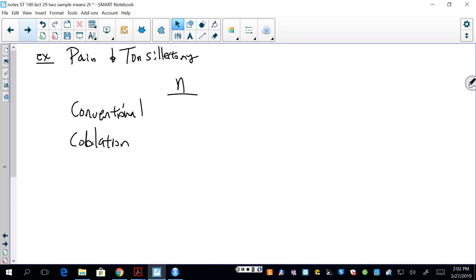Two groups are randomized to get one or the other. 47 had the conventional, 52 had the coblation method. The average pain score: you could ask the patients on a 10-point scale or indicate on some graphical means how much pain they're in.